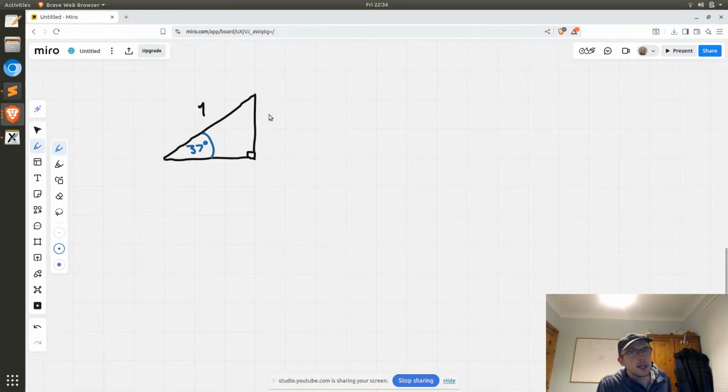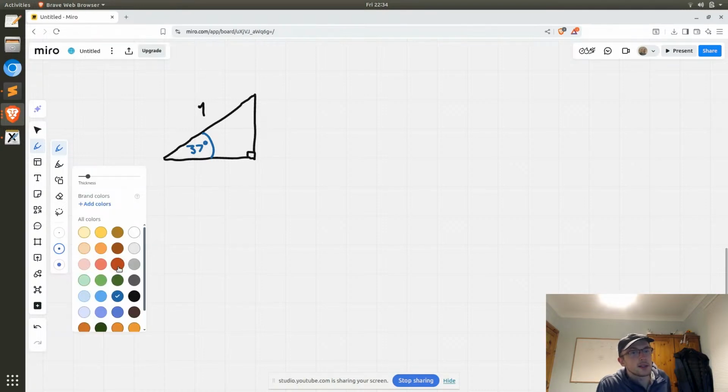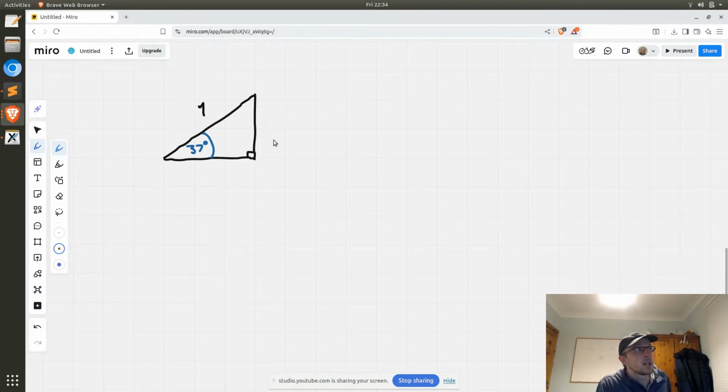Wouldn't it be tremendously useful if we had some kind of machine that could just magically give us the exact length of this side, whatever it happens to be?